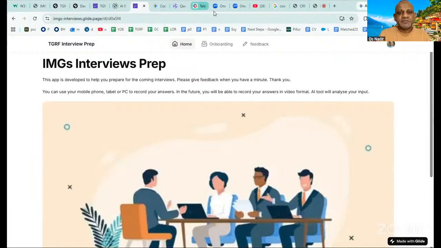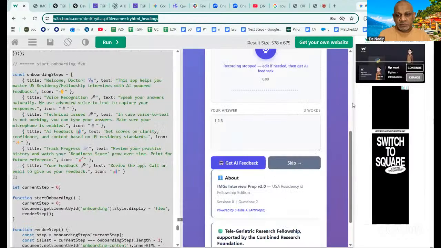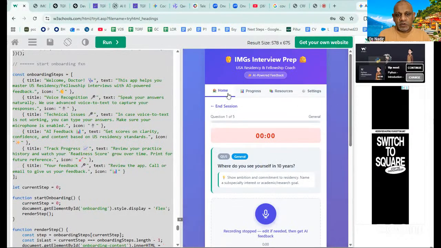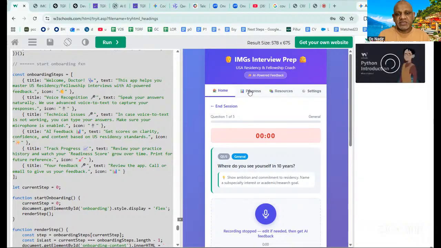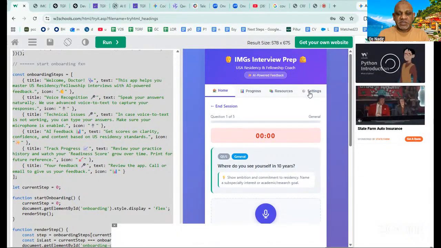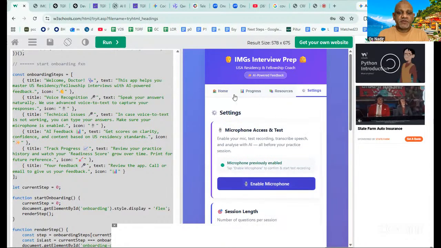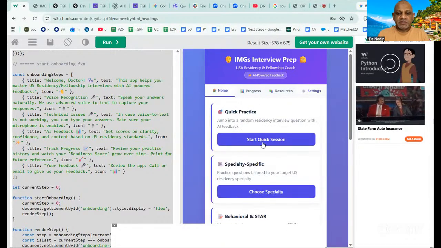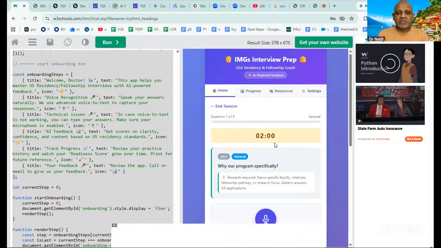And here it has the home link and the setting, the progress, and some resources. So you start with enabling your microphone. Then there is a starting point where you will do the same.